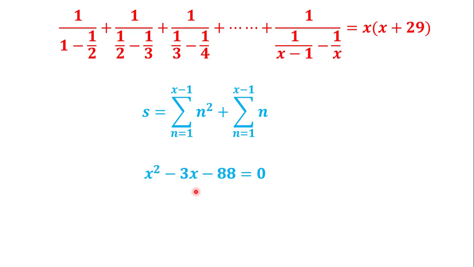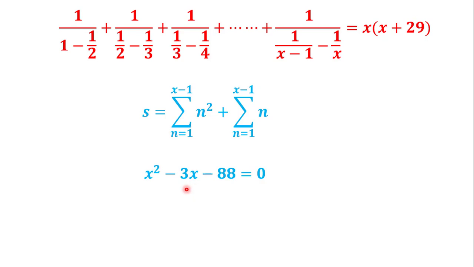To solve this equation, I want to use the rational root theorem. One of the divisors of 88 is 11. If I replace x by 11, I can see 11 is one of the answers.